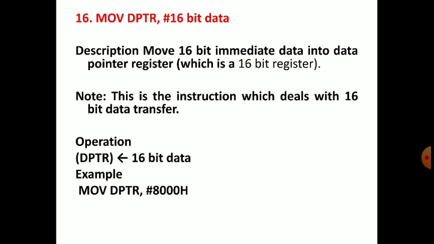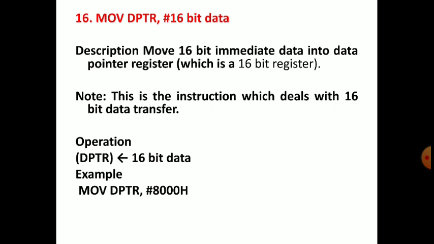Description: move 16-bit immediate data into data pointer register, which is a 16-bit register. So the 16-bit data will be directly copied into this DPTR register. This is the instruction which deals with 16-bit data transfer operation. DPTR register is copied with this 16-bit data.